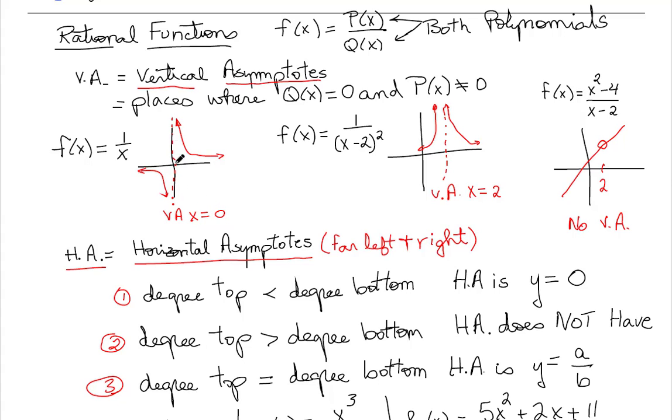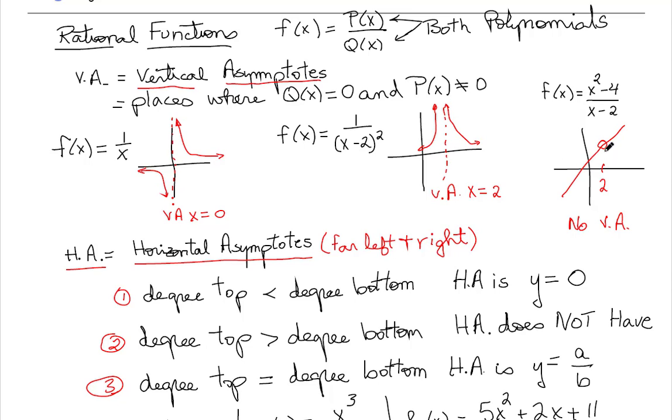So a vertical asymptote is where the function is undefined, and it's undefined in a way where the graph is running off to infinity. This one is at x equals 0. This one is whatever makes the bottom 0, which is 2. In this case, the two sides go up forever.